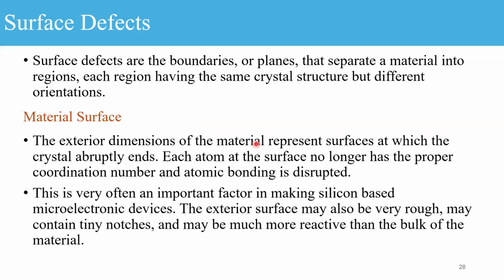So each atom at this surface no longer has the proper coordination number and the atomic bonding is disrupted. This is an important factor in making devices, especially microelectronic devices, because the exterior surface may be very rough and may contain tiny notches, which may be much more reactive than the bulk of the material.